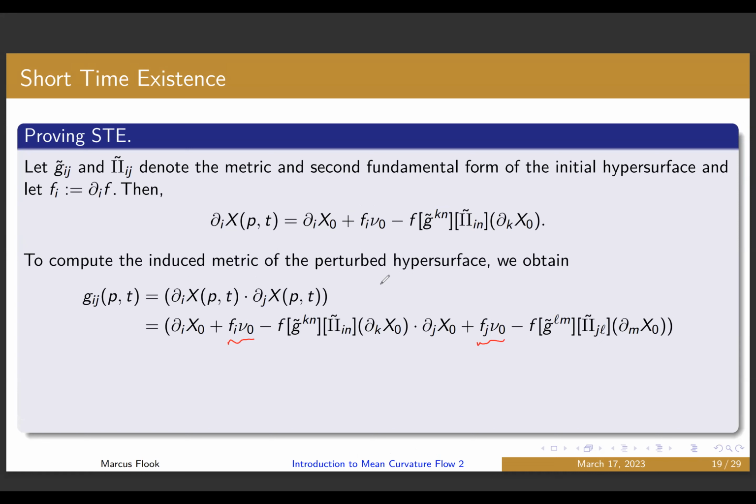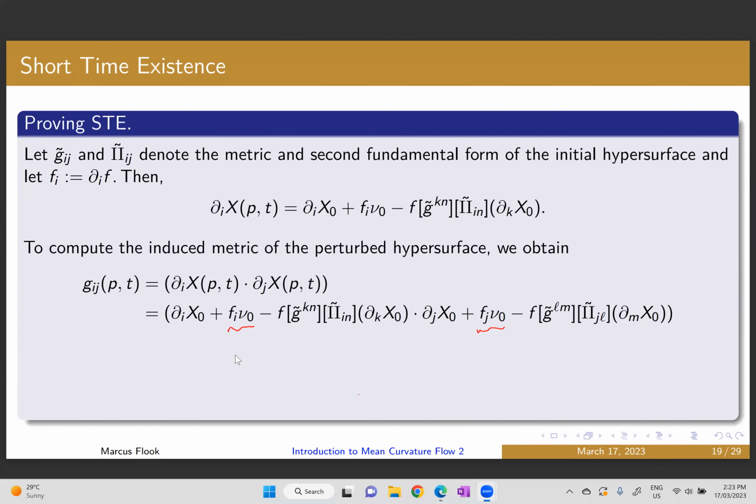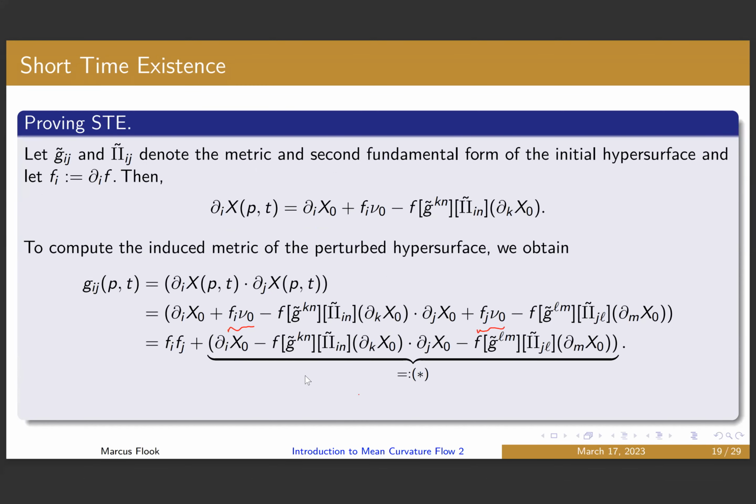So immediately I can use the orthogonality and the fact that we have the linearity of the product to give us this still nasty, but slightly nicer expression. So now we're just working with the tangent vectors here. And I'm going to call this asterisk so we can simplify this again even further.